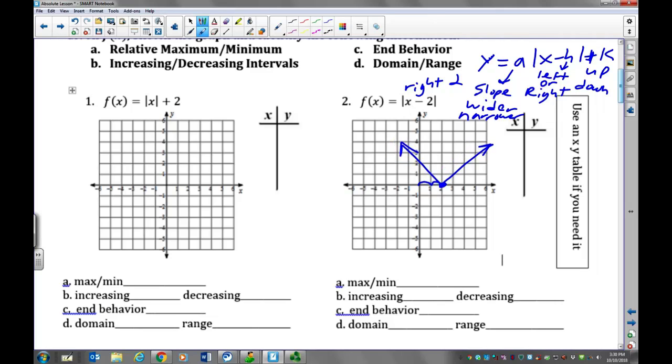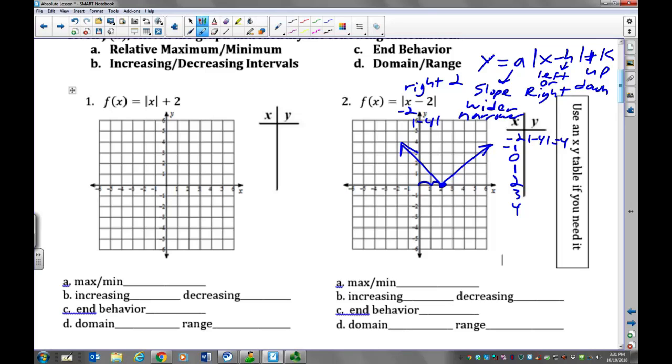Now if you want to do an xy table, just to make sure you're doing it right, use 0, 1, 2, 3, 4, or maybe you'd include some negative numbers in there too if you wanted. And you'd plug it in there. -2 minus 2 is -4, and the absolute value of -4 is +4.